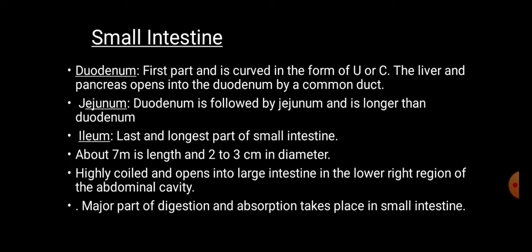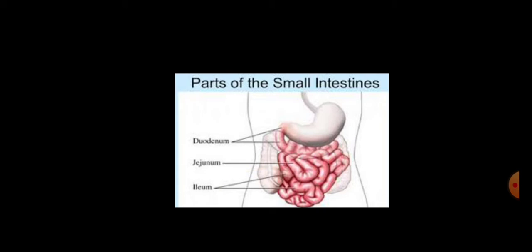It is highly coiled and opens into the large intestine in the lower right region of the abdominal cavity. The major function of the small intestine is that it helps in the major part of digestion and absorption of the food.